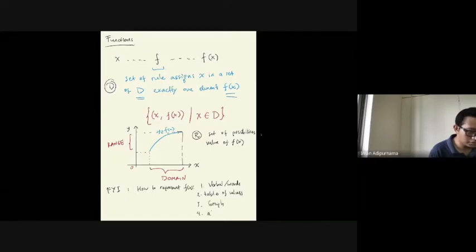Four, algebra. Verbal means a definition like, a function is defined as, for each element and so on. Table of values means you have x, fx, x, fx. Each number has its function value, its range.